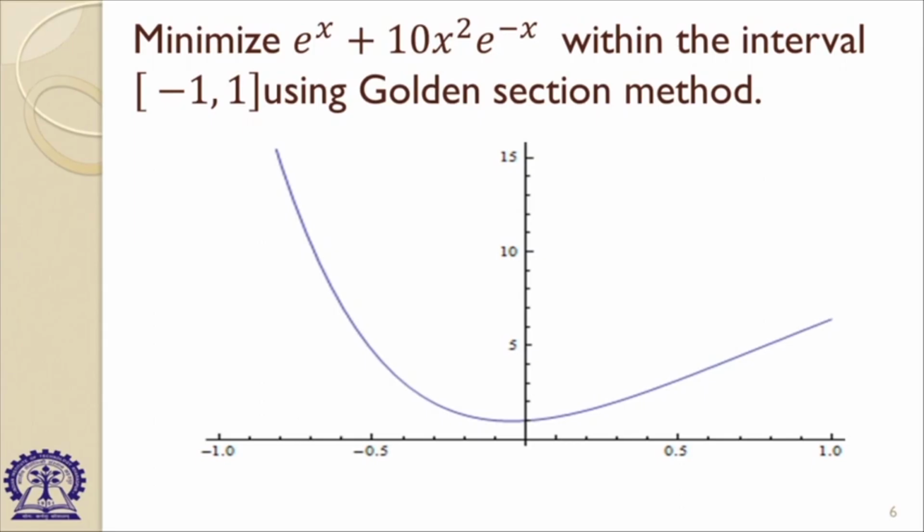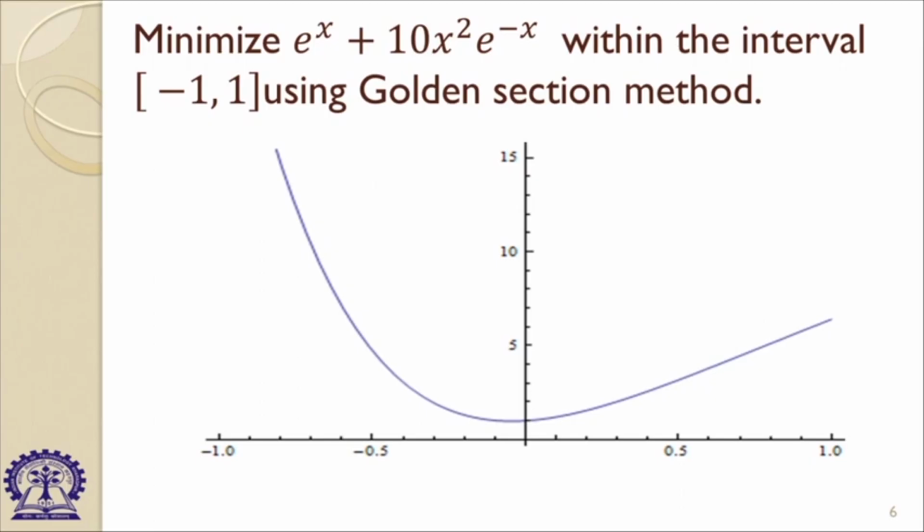If we want to apply a classical optimization technique, maybe it is a little bit difficult to get the values very easily, but we know that the function is unimodal within -1 and 1. Let us apply the golden section method here. You can apply any other region elimination technique as I explained before.